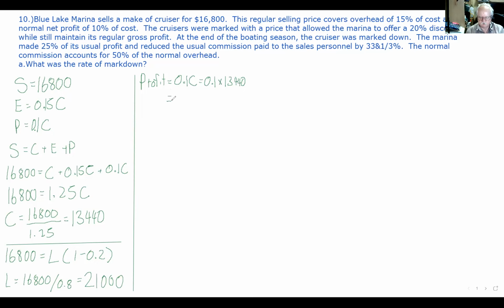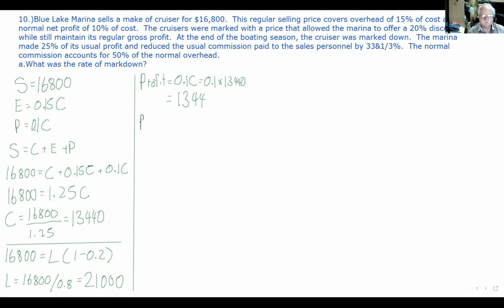So 0.1 times 13440 is 1344. So that's the regular profit they wanted to make.